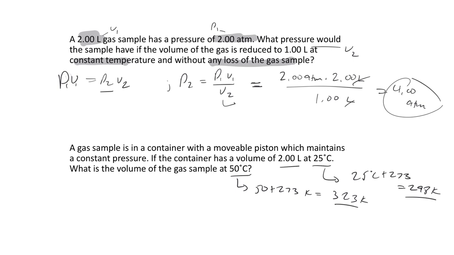So when I have V1 over T1 equals V2 over T2, and I'm trying to solve for V2, the volume at the new temperature, V2 equals V1 T2 divided by T1, and these temperatures have to go into the Kelvin scale. We just have to go into an absolute temperature scale.